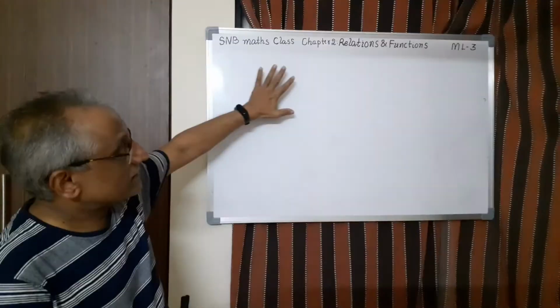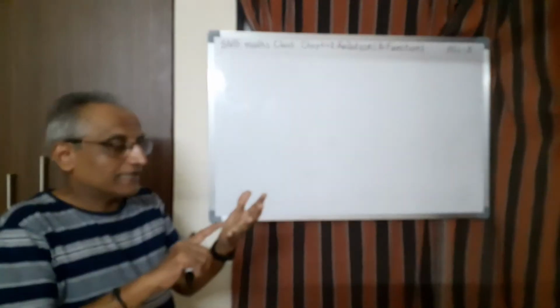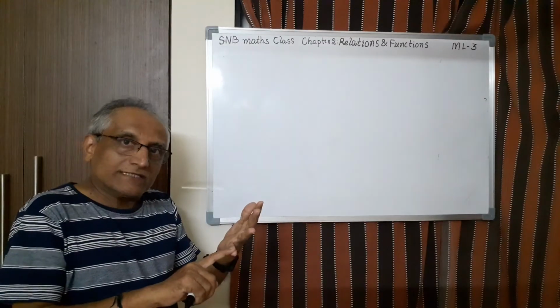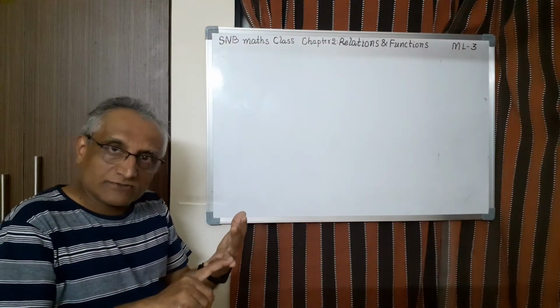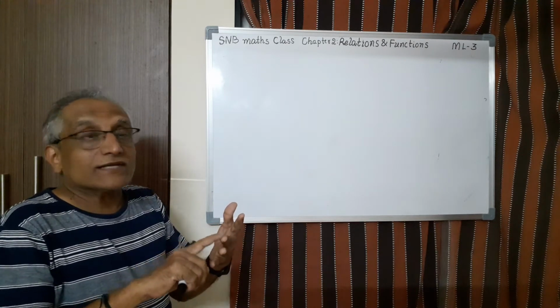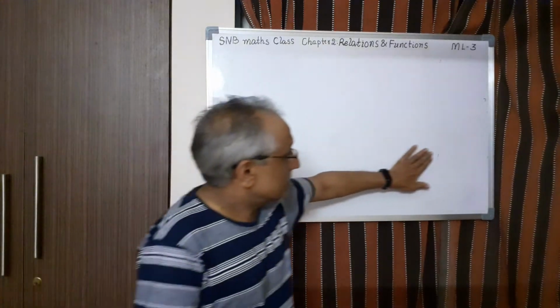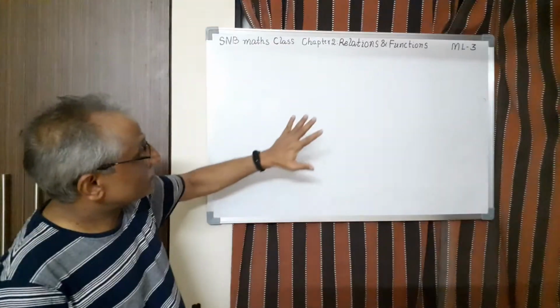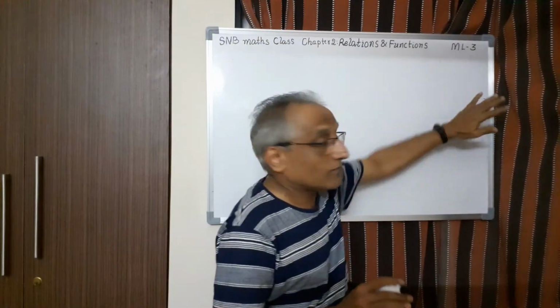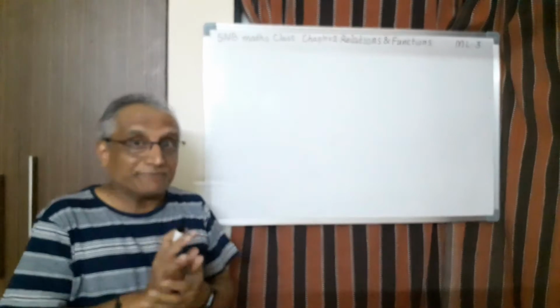Then the representation of function as before, it can be rule method, set builder method, it can be roster also, then it can be ray diagram also. Any one you can use. So these are the things which you have to understand for following the function. So that is what we have to understand in the beginning.